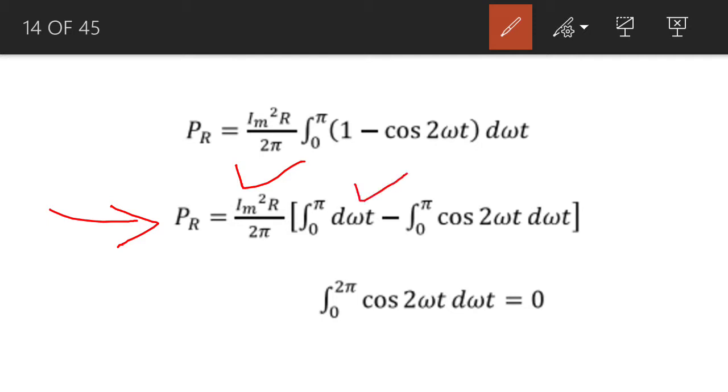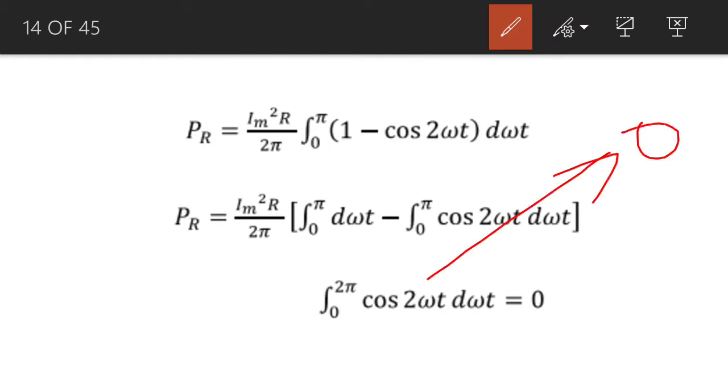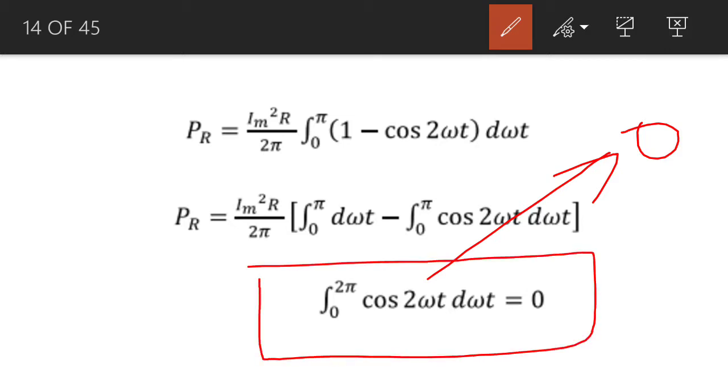We have the integration of d omega t from 0 to pi and the integration of cos of 2 omega t d omega t from 0 to pi. And we know that the integration of the second term is equal to 0. So the integration of the second term results in 0.